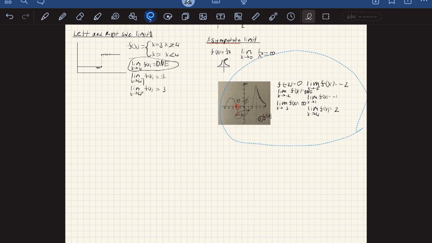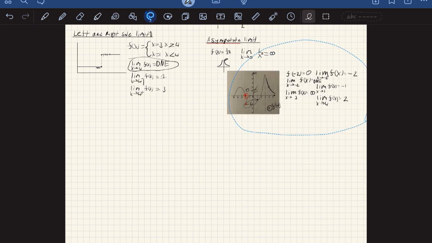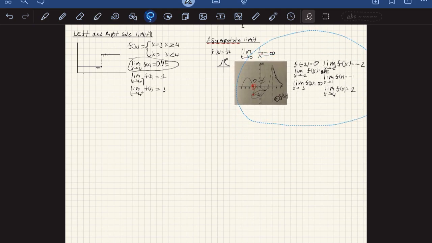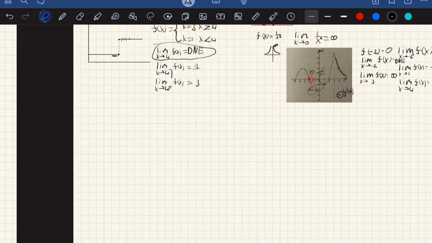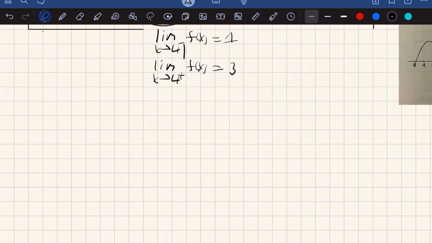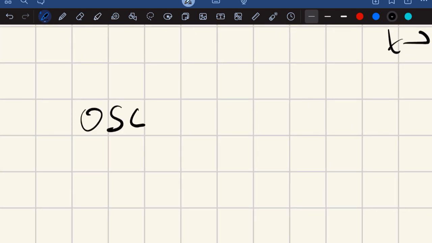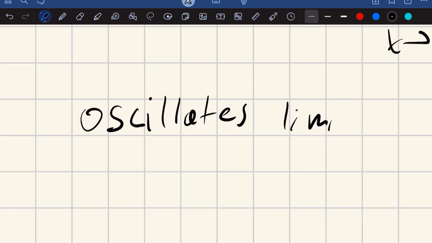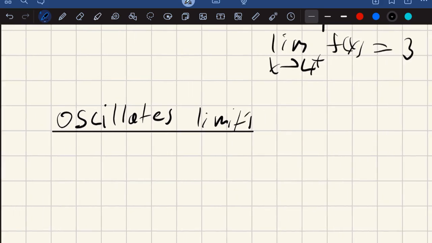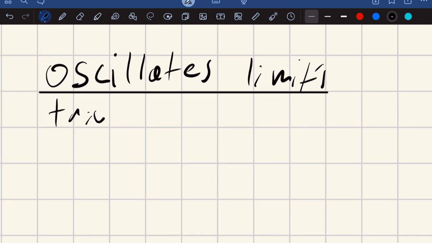So now we're gonna go over a weird funky limit, which I call oscillating limits. How do you spell oscillate? I think that's right. Oscillating limits. So this could be found in any normal trig function.